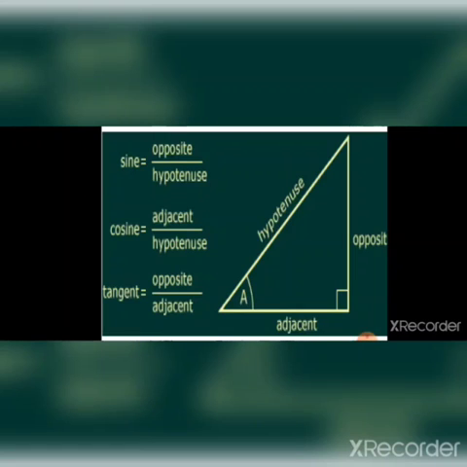Cosine ratio is adjacent upon hypotenuse, and tangent ratio is opposite upon adjacent. These are the definitions of these particular ratios. Sine, S-I-N-E, in short we can write S-I-N. Cosine we write only cos. Tangent we write only tan.